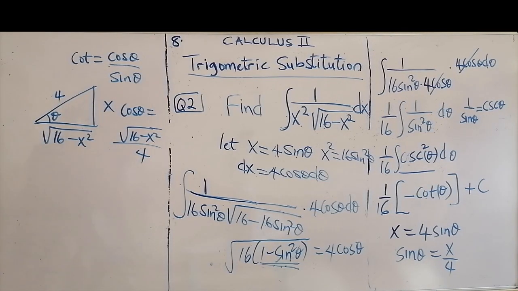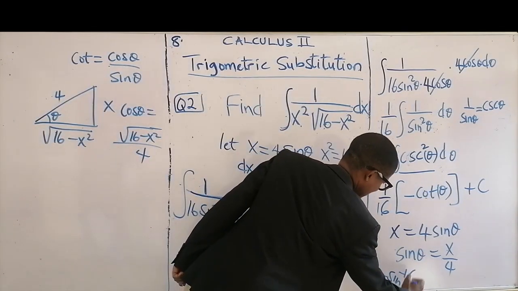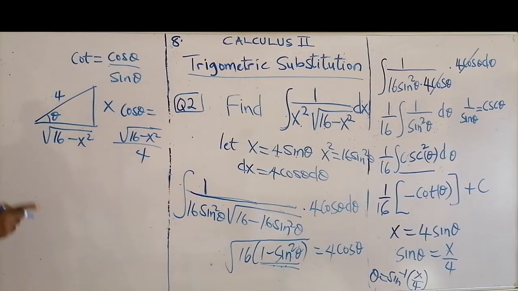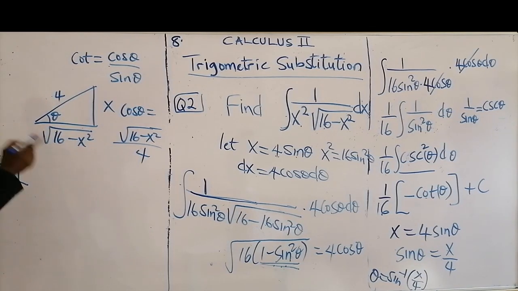At the same time, theta will be equal to arc sine of x over 4. So we can now go back to our answer and plug in. 1 over 16 times that, the minus can be brought outside. We now have cos over sine.